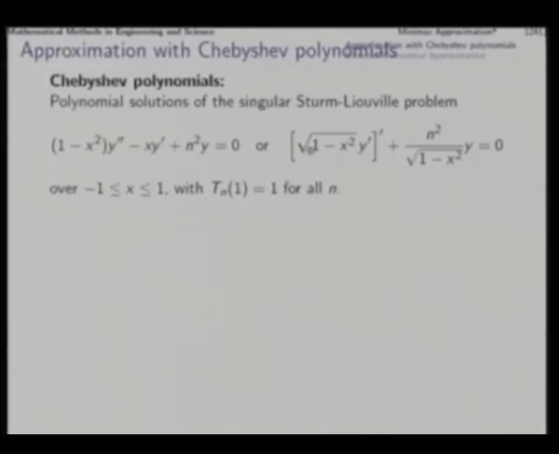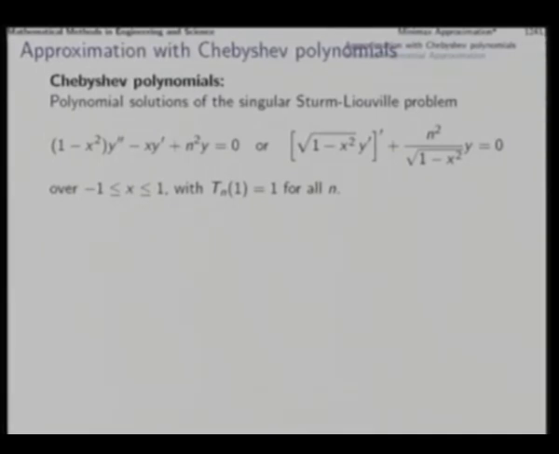That means you do not need any boundary conditions to define the Sturm Liouville problem. So, this differential equation will define a singular Sturm Liouville problem over this interval. Legendre equation also did the same thing. We are particularly interested in the polynomial solutions of this problem, and one family of solutions will turn out to be polynomial solutions.